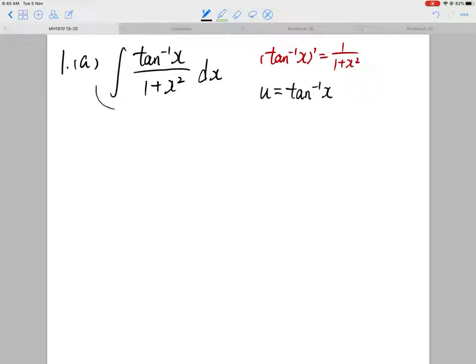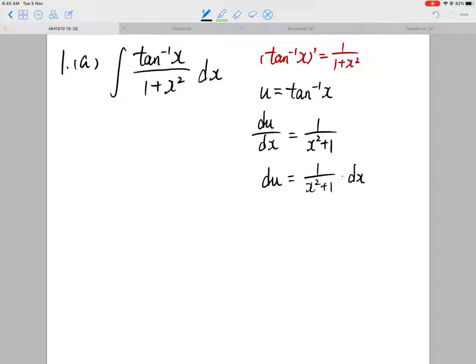Okay, then you try to change this integration of x to an integration of u. So this part is u, then this part I want it to be du. Right, so to create it, du over dx is 1 over x squared plus 1, which means your du, you can write it in this way, it's dx times this part.